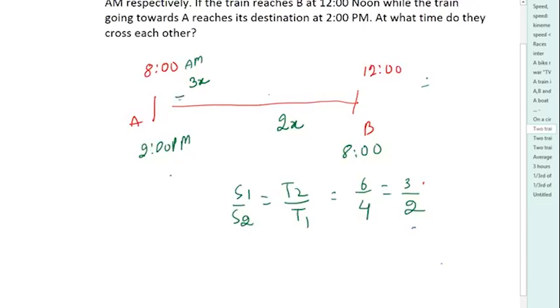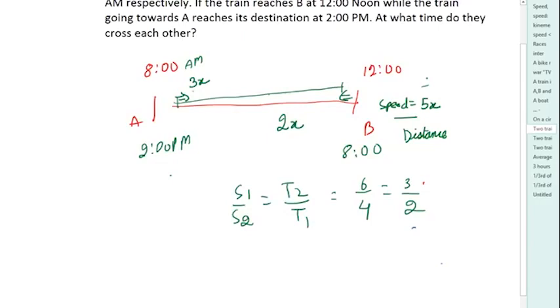What would be their relative speed at which they approach each other? At 3x this one is approaching, at 2x this one is approaching, so they approach each other at 5x. And how much distance do they need to cover? The distance is this entire distance, and we can use either of the speeds to calculate that.